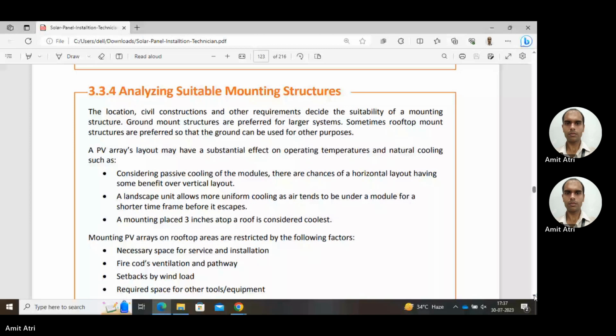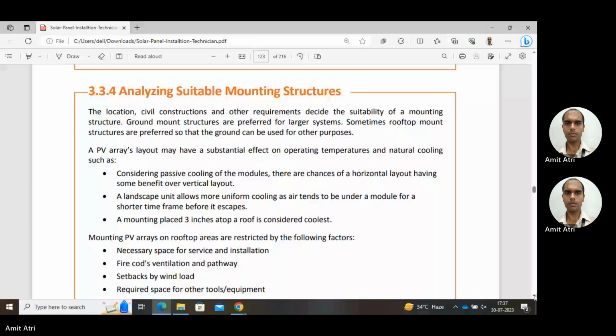After that, if the temperature increases, the electricity generated will start reducing. So cooling is needed. Normal air cooling is also suitable. There should be space between the mounting structure or the roof and the panel. We are considering passive cooling of the module, which is one type of passive cooling by natural air.